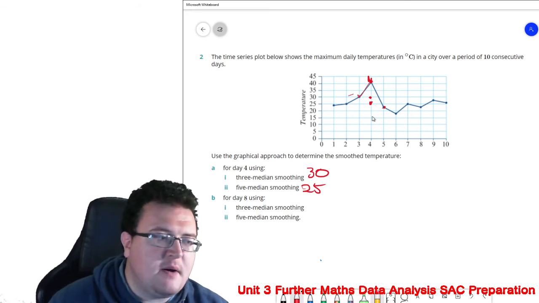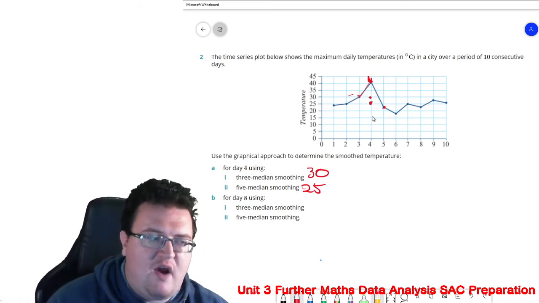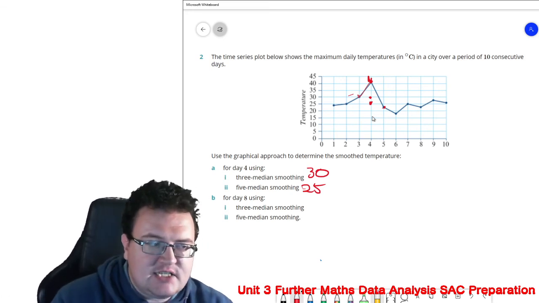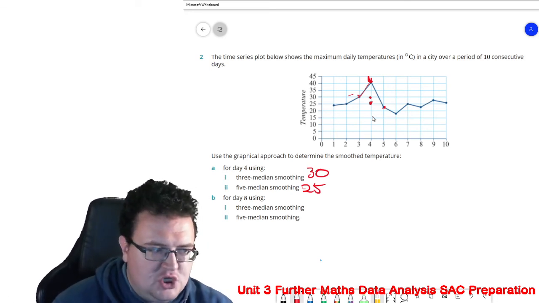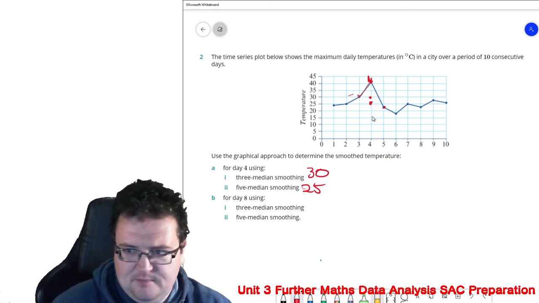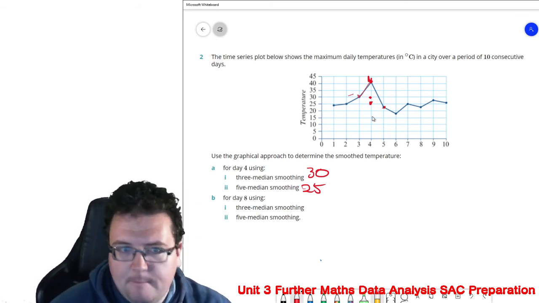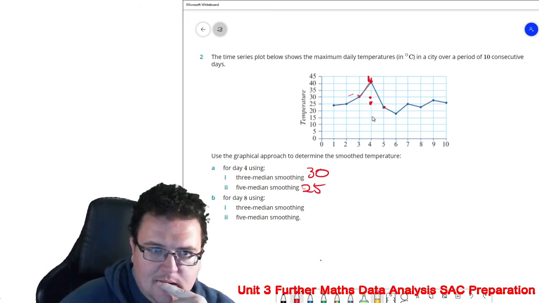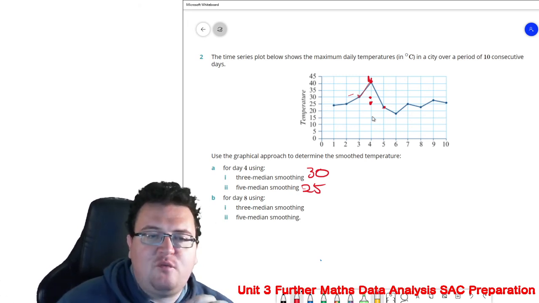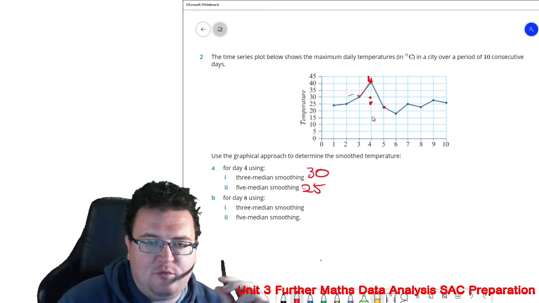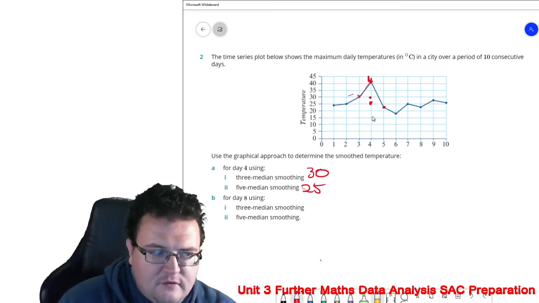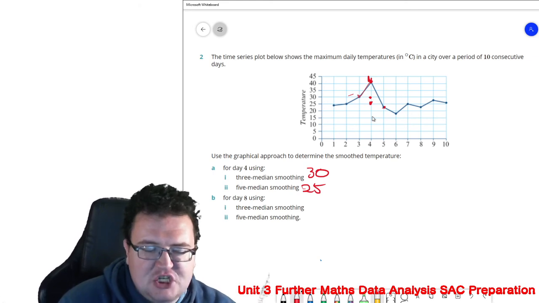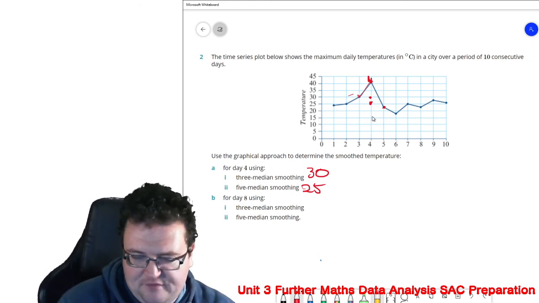Because remember, most of the time you're going to be just given a graph and told to smooth it. If you're given actual data sets, then obviously you could do it a little bit differently. But you need to be able to do it from a graph. Generally, if we give you a graph, we're generally going to ask you to do a median smooth, because it's easier to do a median smooth from a graph.